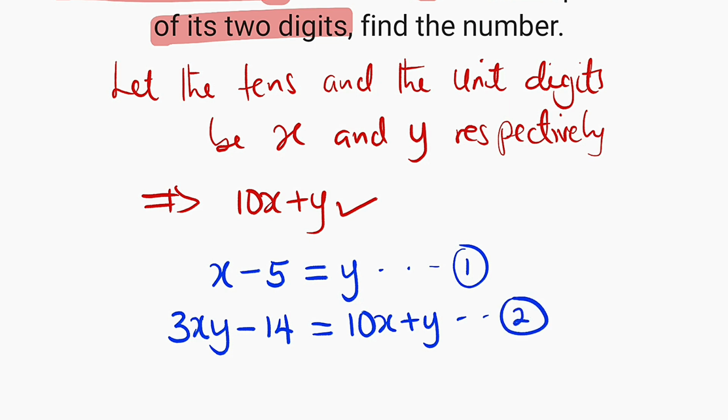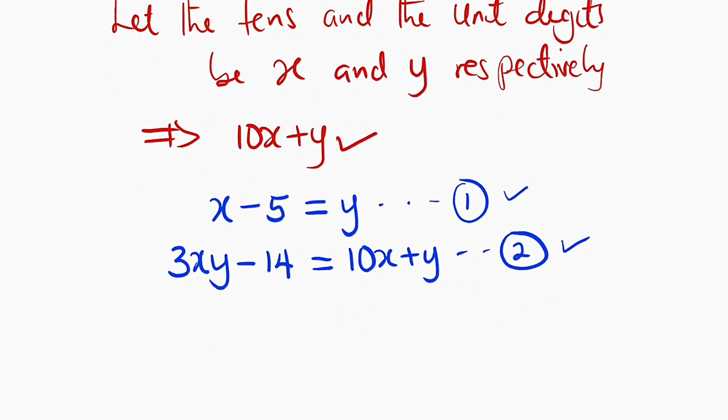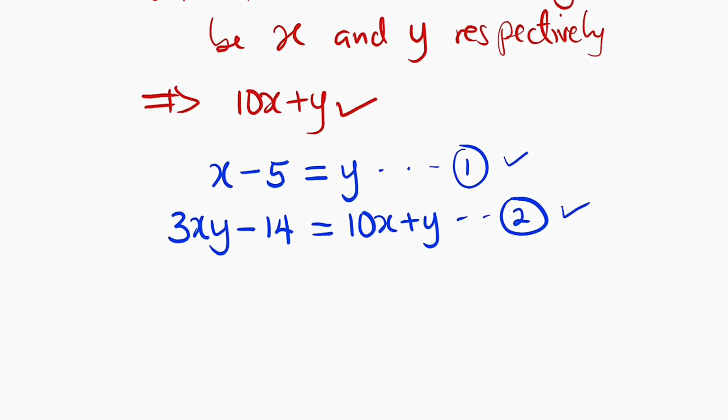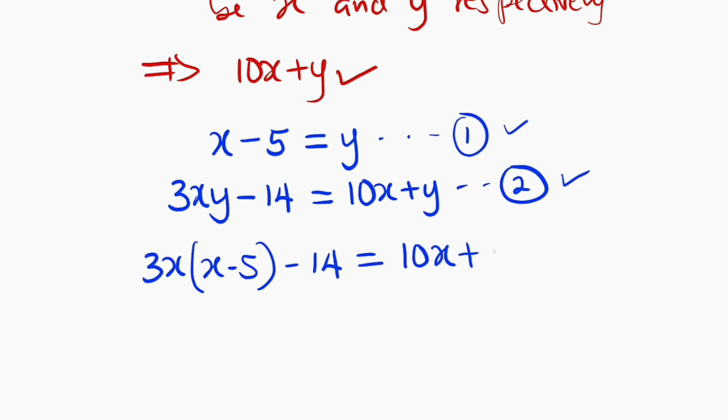So what we are going to do here is to substitute equation 1 into equation 2. From equation 1, y is equal to x minus 5. So wherever we have y in equation 2, we are going to substitute x minus 5. From the left-hand side of equation 2, we have 3x multiplied by y, and y is x minus 5, minus 14, and this is equal to 10x plus y, and y is x minus 5.